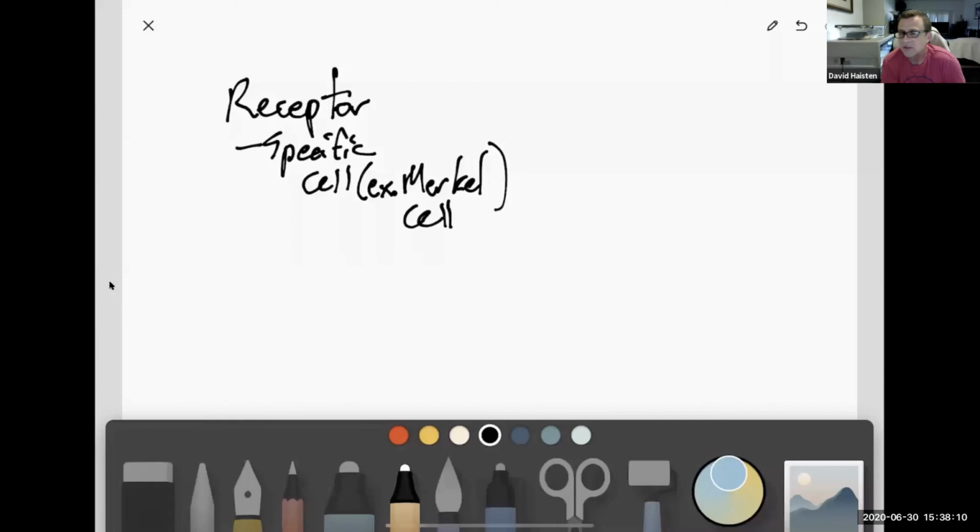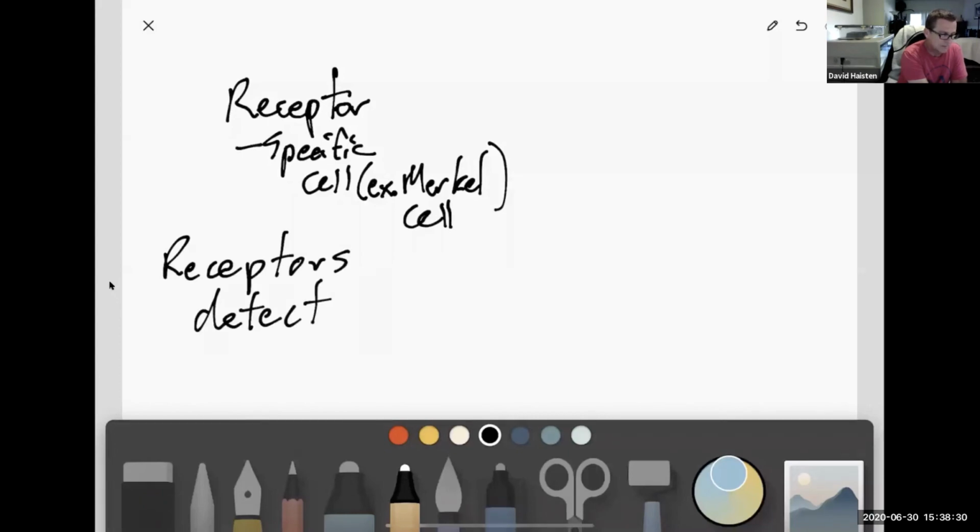So receptors could be the ends of a nerve cell, a neuron. Could be a specific cell, like a Merkel cell, these sort of things. So a receptor detects stimuli. Hot, cold, pain, pressure, light touch.